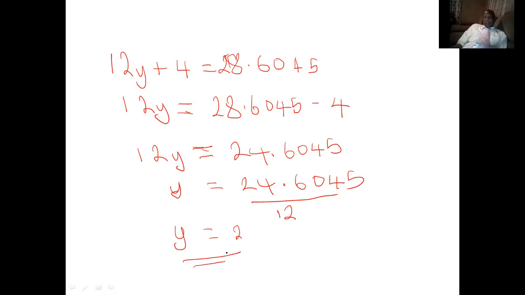So we have found the value for y, meaning that our compound is CyH4, actually C2H4. Okay, because we have found the value of that one.